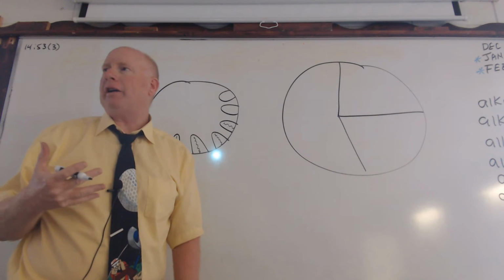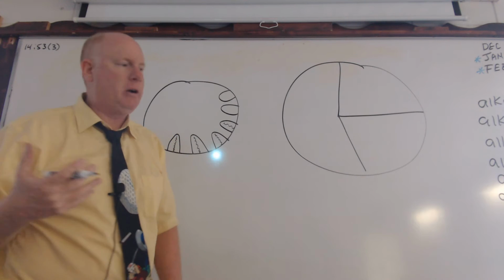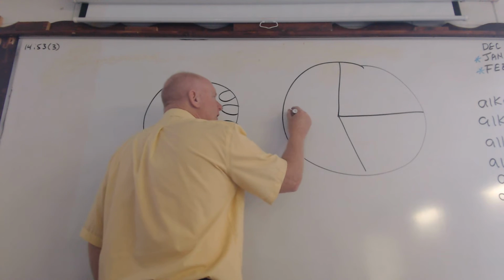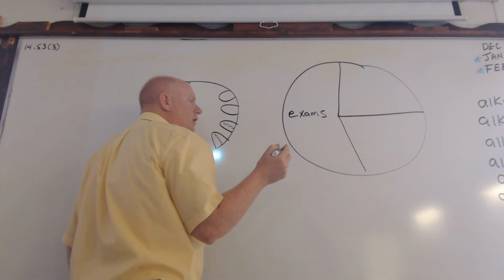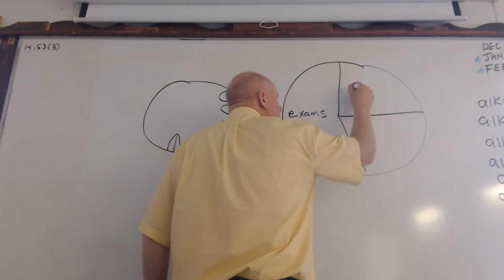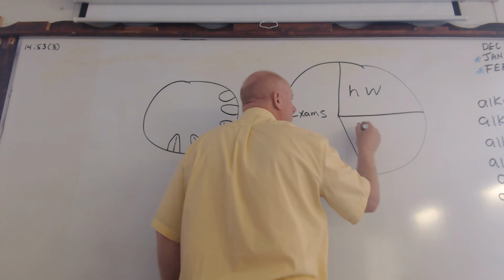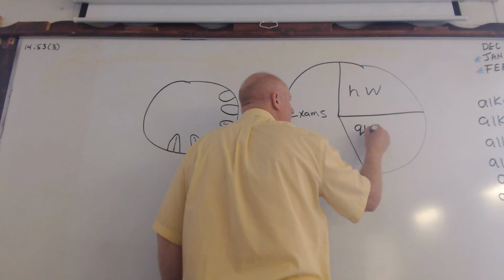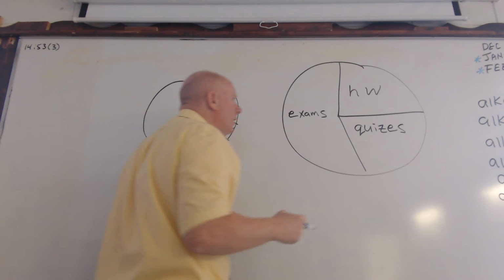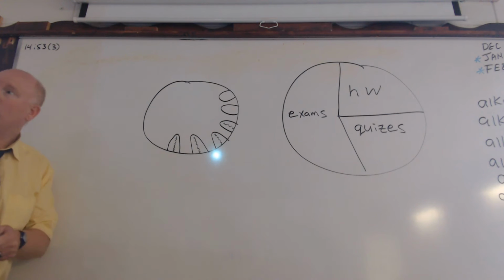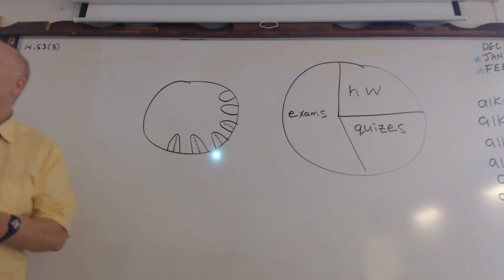I don't know how accurate this is. We're just trying to make it somewhat accurate. Okay, exams, it's the biggest part. I think you would guess or visualize. Now, these have to add up to 100%, which they do.